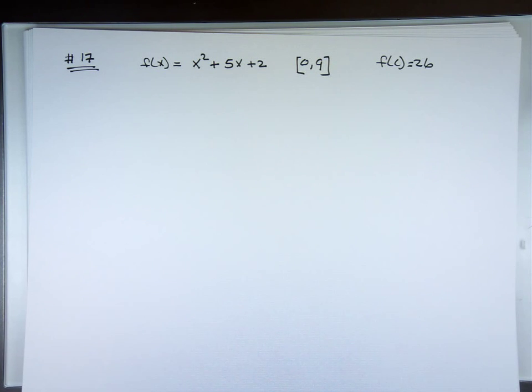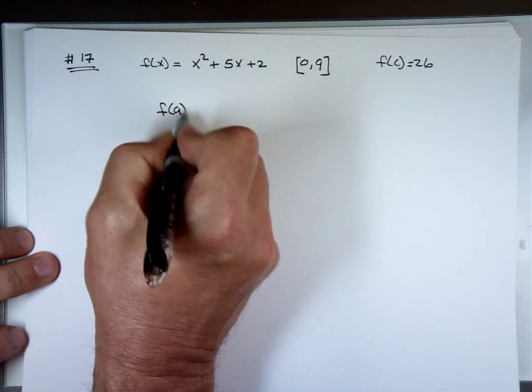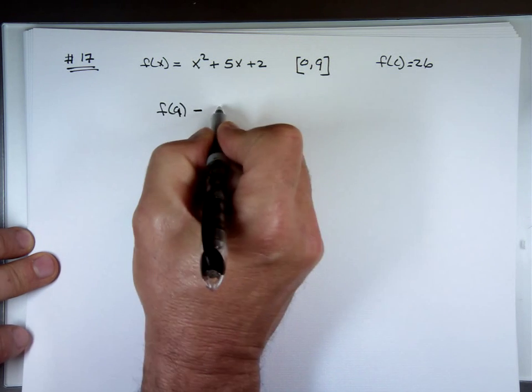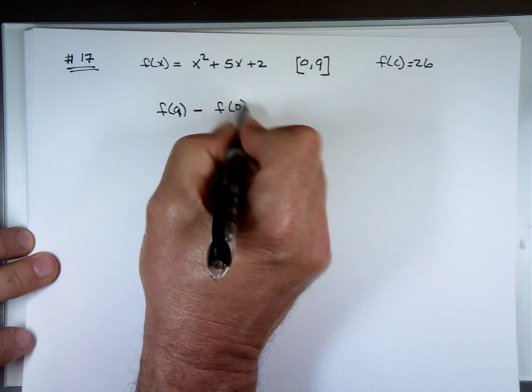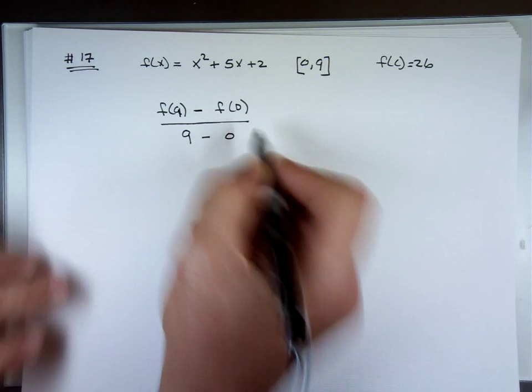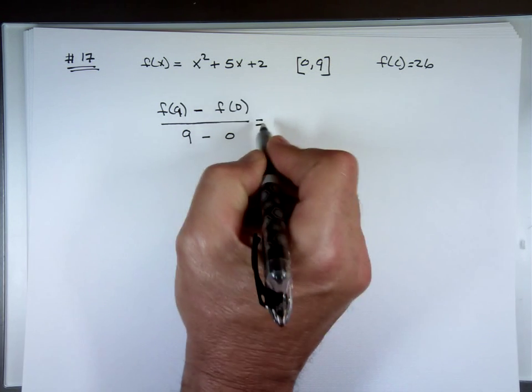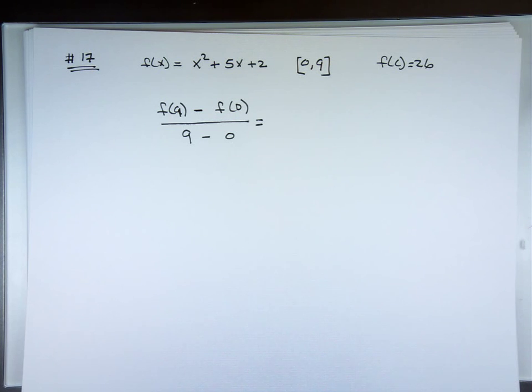Can you tell me what f of 9 minus f of 0 divided by 9 minus 0 is, can we figure what that number is? What is f of 9? Let me get to my calculator. This is x squared plus 5x plus 2.